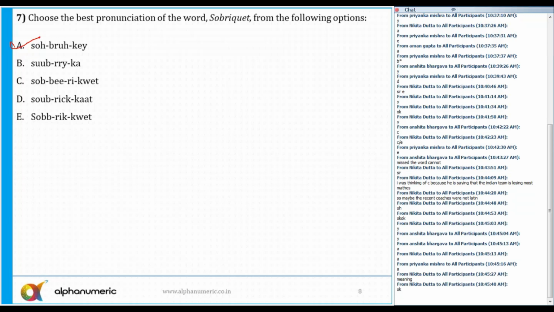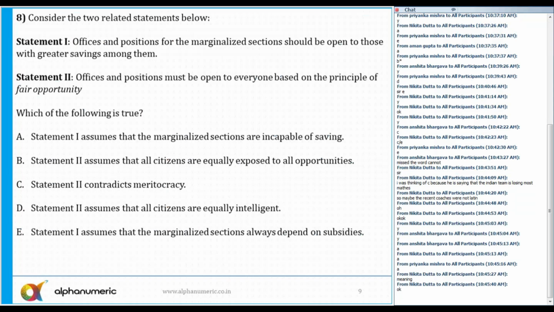Okay. Question number 8. Consider the two related statements. Statement 1 is saying that offices and positions for the marginalized sections should be open to those with greater savings among them. And statement 2 says offices and positions must be open to everyone based on the principle of fair opportunity.